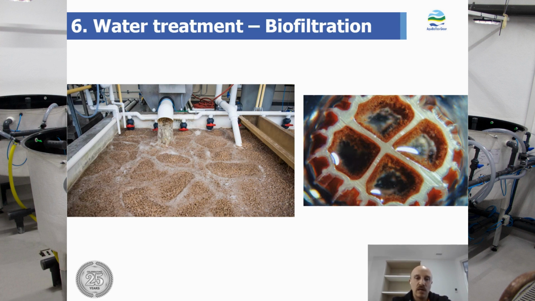Now, this is probably the most important unit in our filtration system, and it is also a combination of a mechanical and a biological type of unit, which requires a lot of understanding, a lot of knowledge, and a lot of testing to understand how we can set every aspect of this biofilter in the best possible way to convert the largest amount of metabolites.